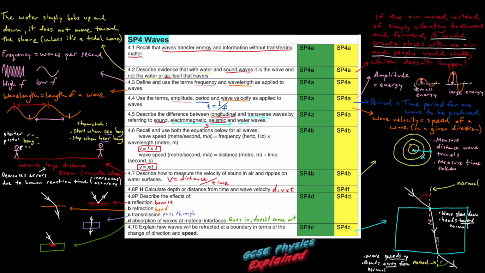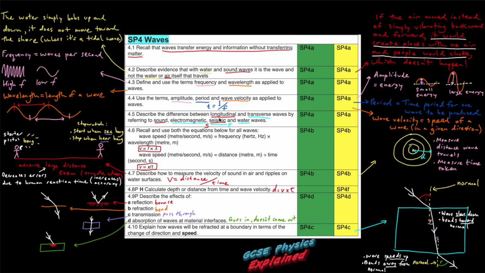And the amplitude is from the central location to the top, or you could go from the center to the bottom. Doesn't really matter. If you're going to get it wrong though, you'll go right from the top right to the bottom, and that is incorrect. That would be twice the amplitude. Period is the time period for one wave to be produced, and the wave velocity is simply the speed of a wave in a given direction.